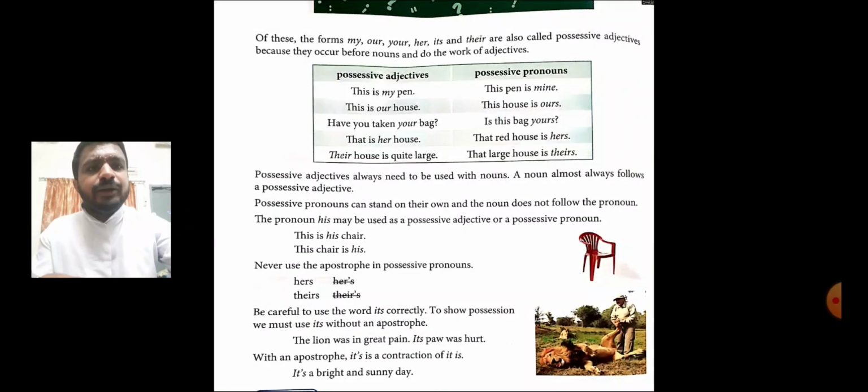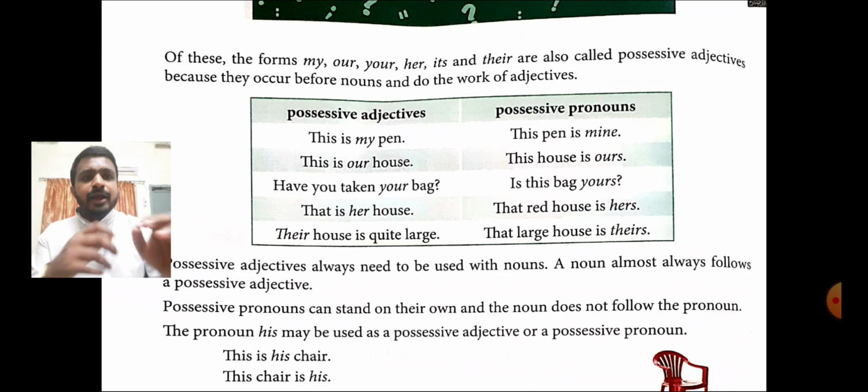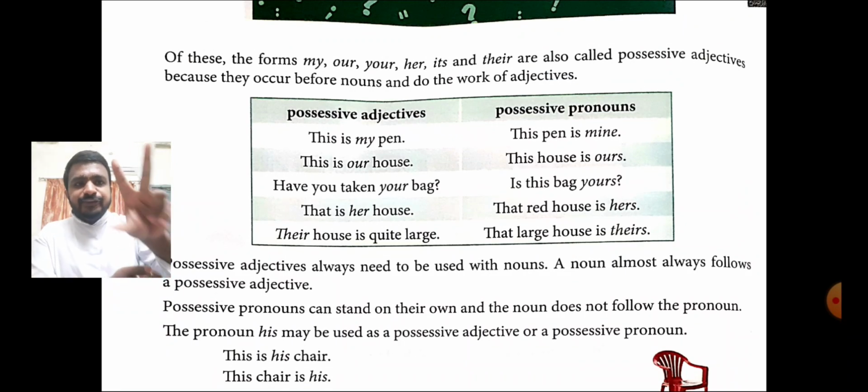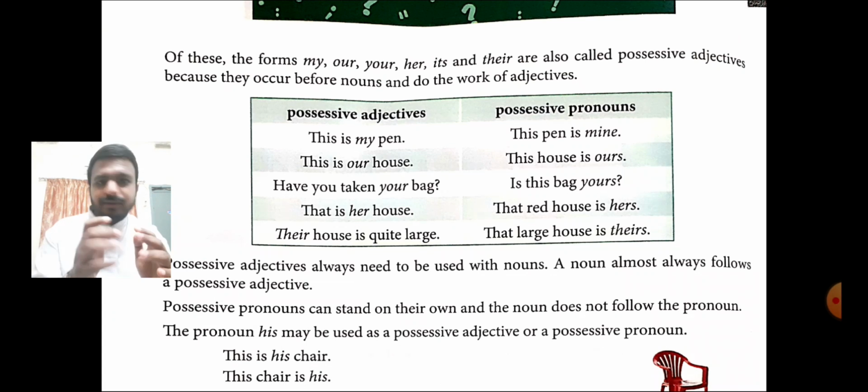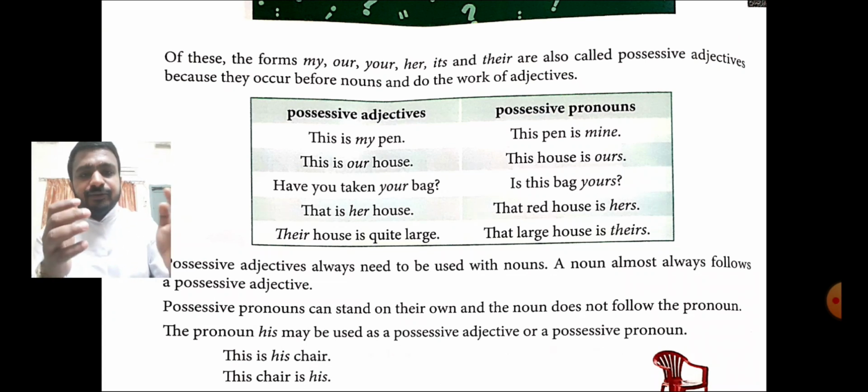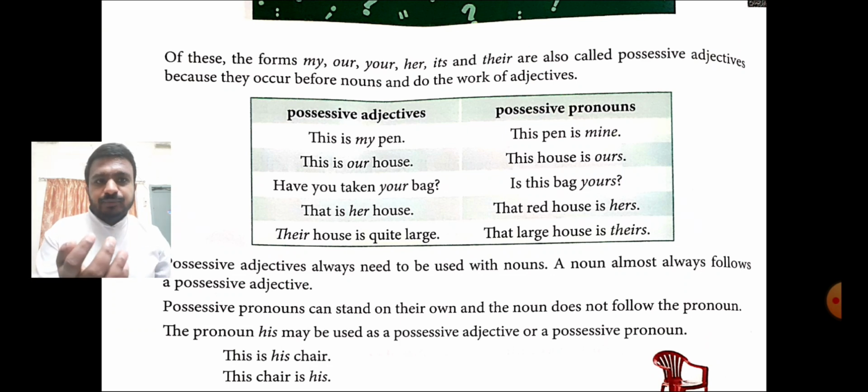And among these, my, our, your, her, and their can also be used as possessive adjectives. You know what I mean by adjectives. Adjectives we use to modify the nouns.